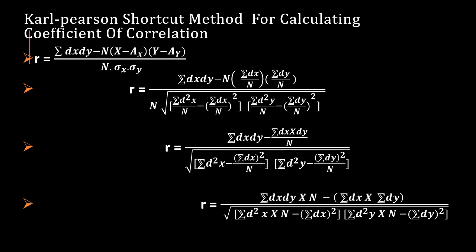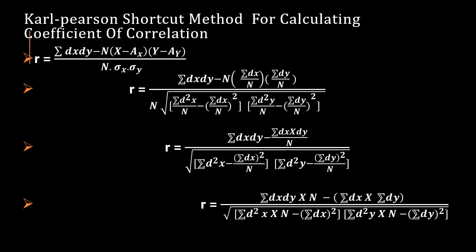That is further concluded as sigma dx dy minus number of observations into sigma dx divided by number of observations into sigma dy divided by number of observations, whole divided by number of observations into square root of sigma dx squared divided by number of observations minus sigma dx over n whole square, into sigma dy square over n minus sigma dy over n whole square. Friends, take care. It is the whole square of sigma dy.